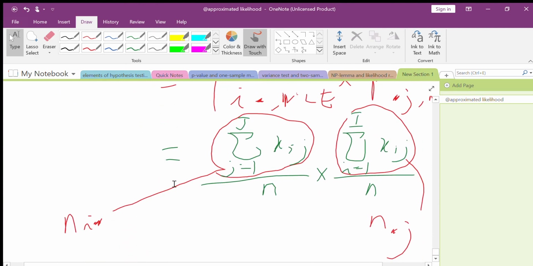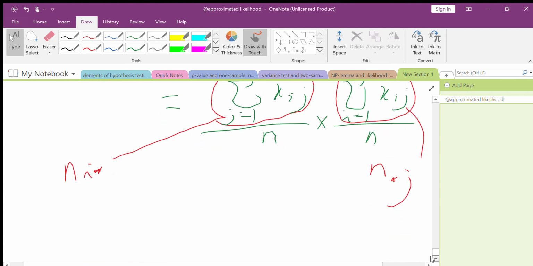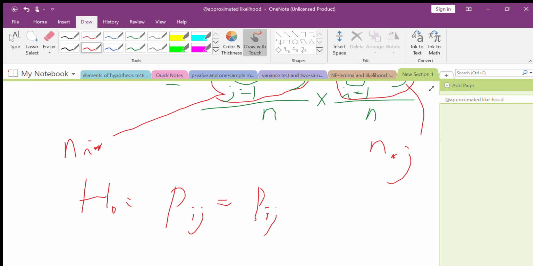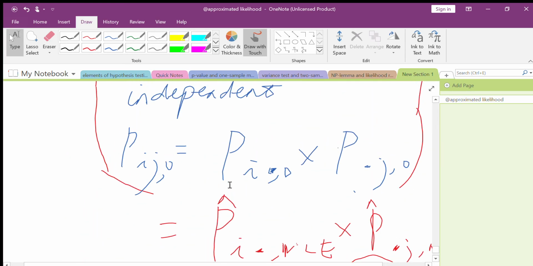So then we can translate the independence test hypothesis to a chi-square test hypothesis. H null is now Pij equals Pij0. Pij0 is what?